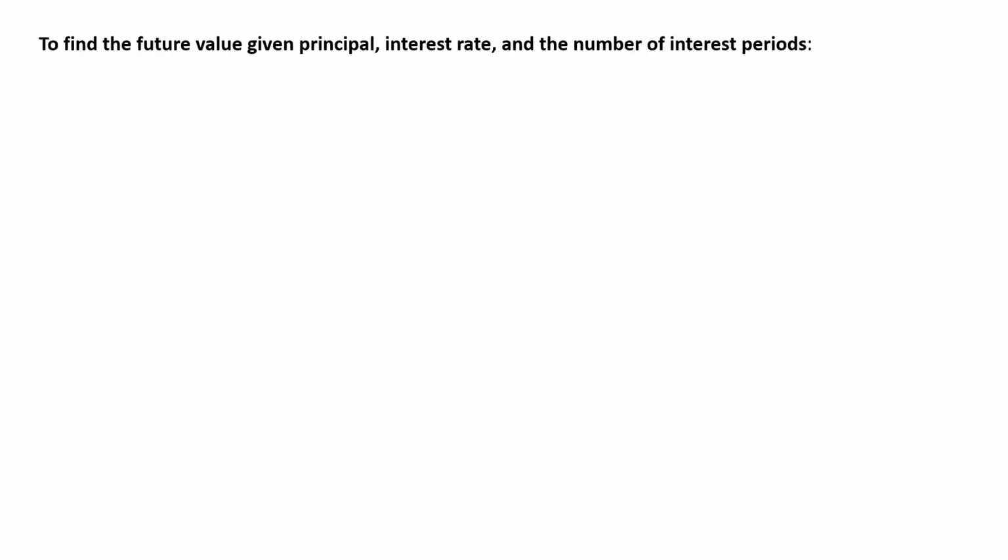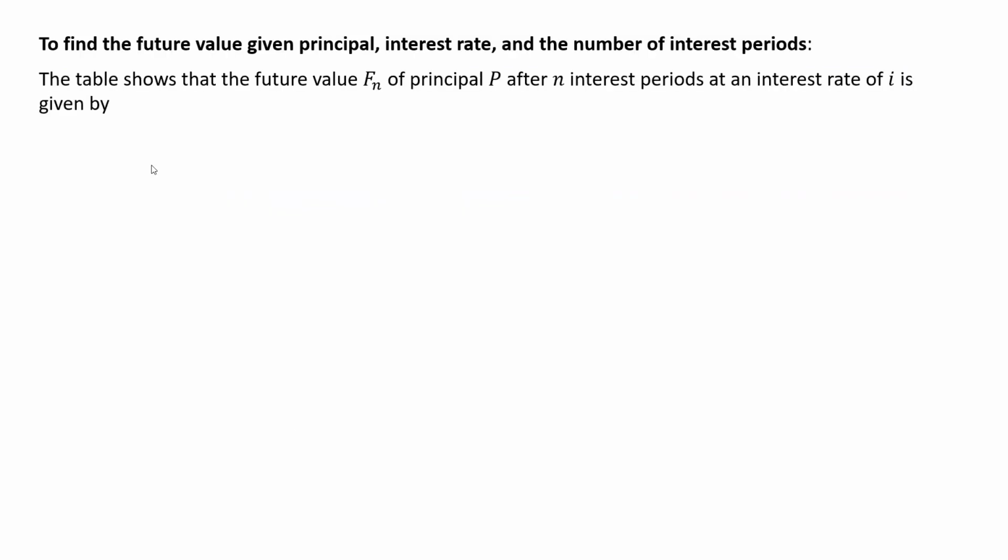So that is what we are about to say here. The table shows that the future value F sub n, on purpose I'm adding that sub n, usually we don't, of principal P after n interest periods at an interest rate of I is given by F sub n, which is the same as the future value after n years, P times 1 plus I to the n.